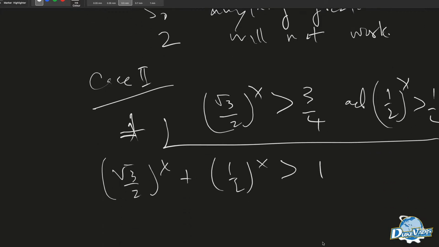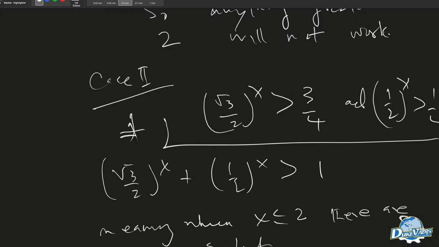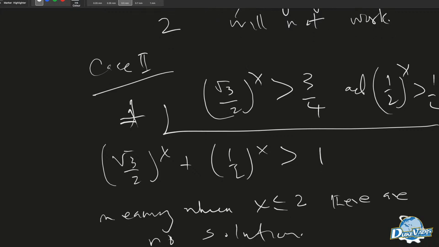Meaning that x less than 2 is no solution. So when x is less than or equal to 2, there is no solution as well.